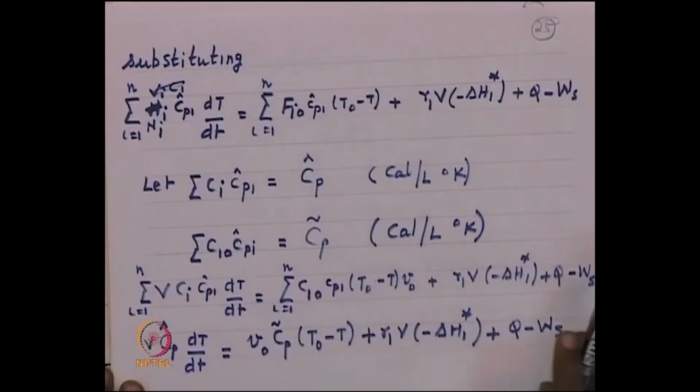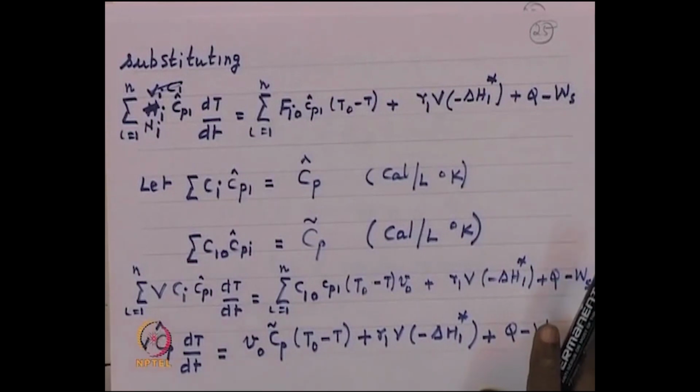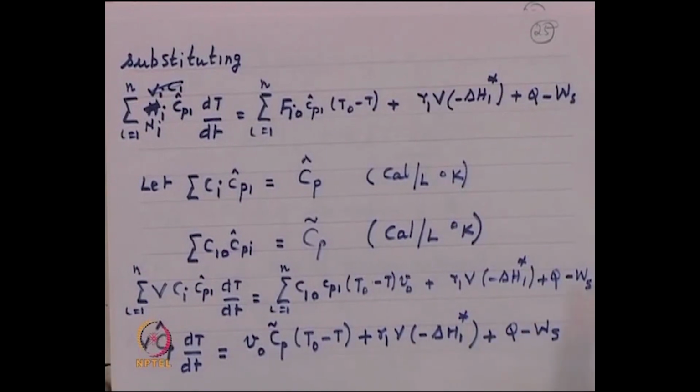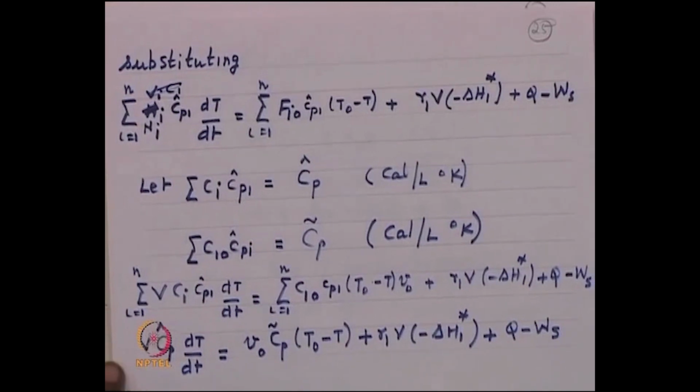This is the assumption, and it is not a bad assumption. You can do calculations for several systems, and you will find that sigma C I C p I for all the species taken together may not have changed very much. Similarly, sigma C I 0 C p I summed over all species also would not have changed very much. So, it simplifies an otherwise messy system.